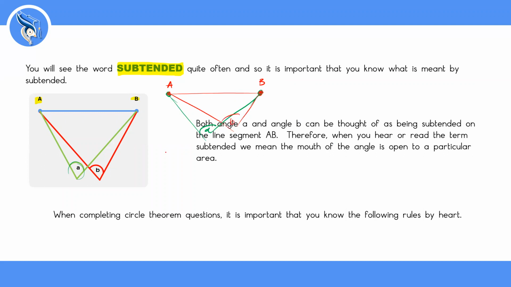So that's angle B. Seeing that both angles open to the same points, we can say that they are subtended on the line segment AB. So subtended simply means that both angles open at the same points, all right?